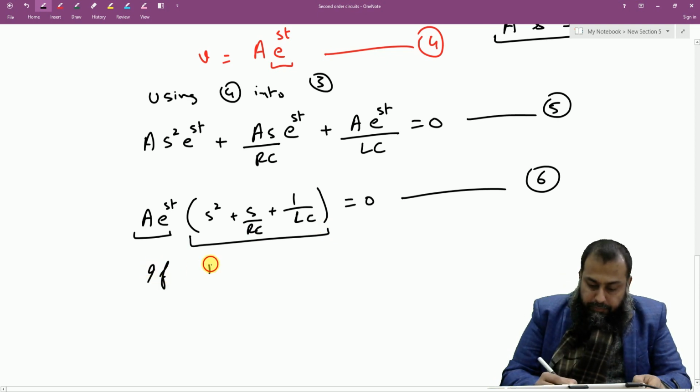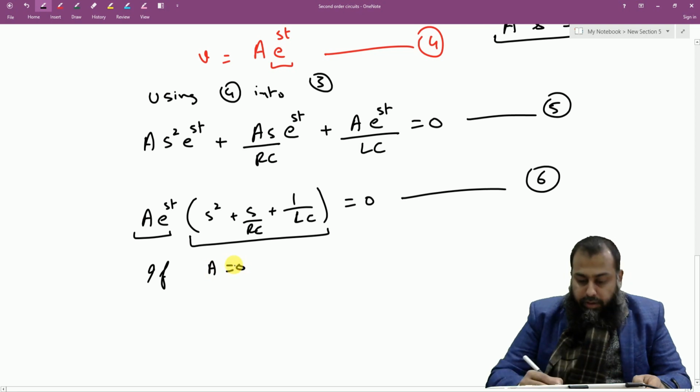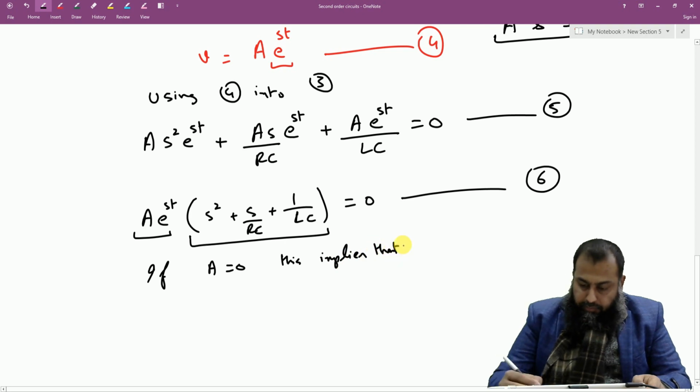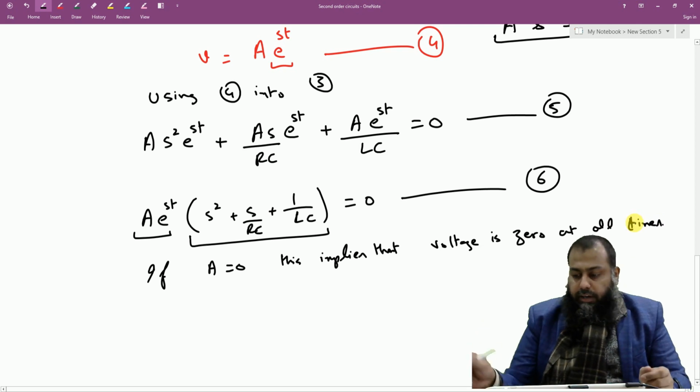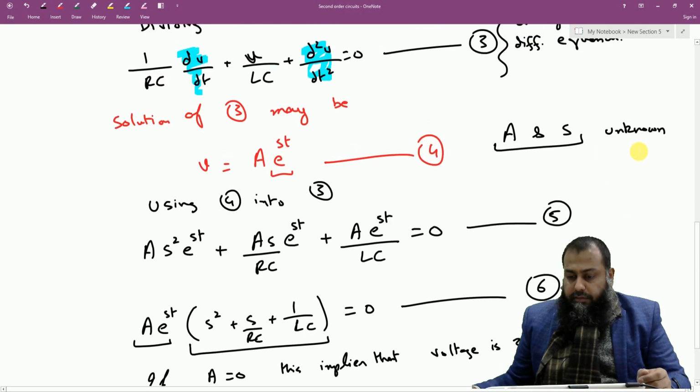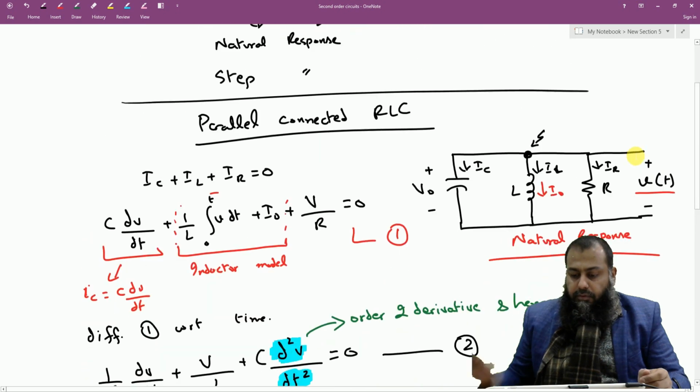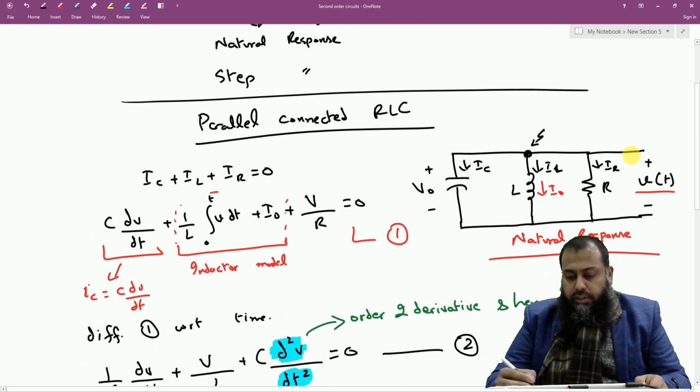If we have A equal to 0, this implies that the voltage is 0 at all times. So at all times we have no voltage in this given circuit. If A is equal to 0, this means there is no voltage in any branch of this circuit.